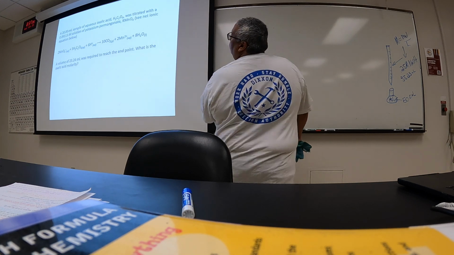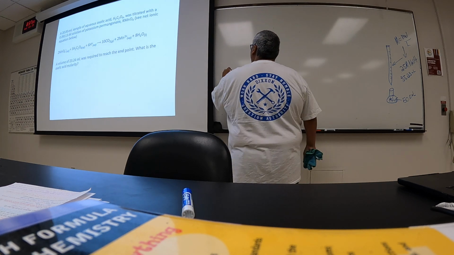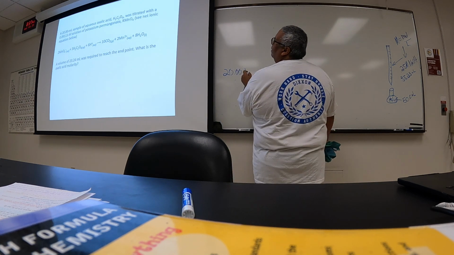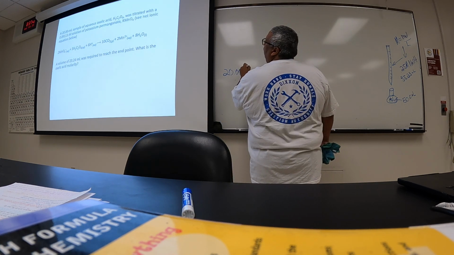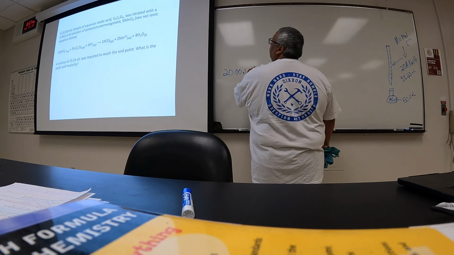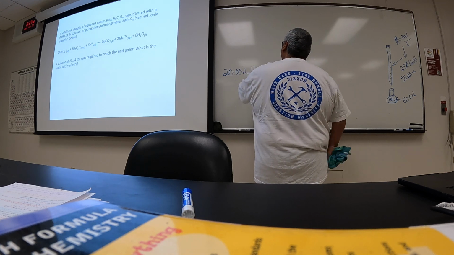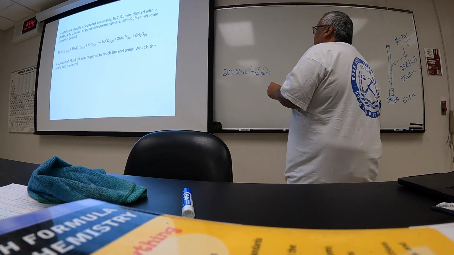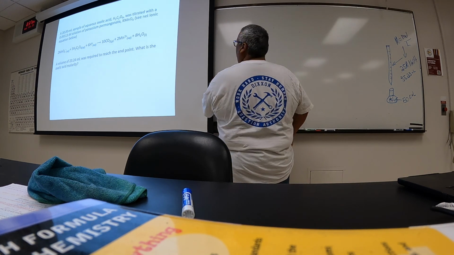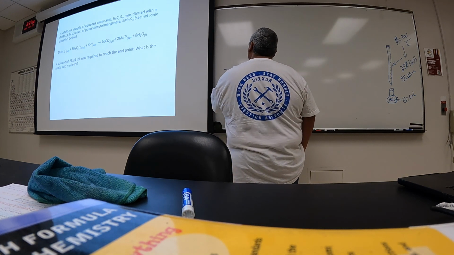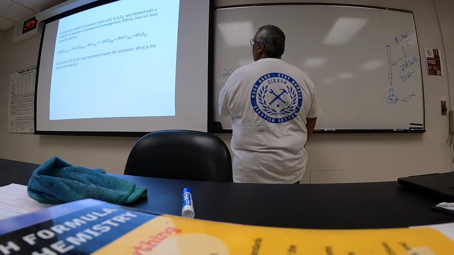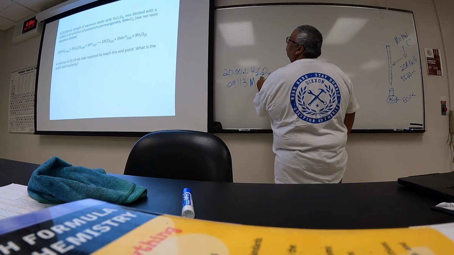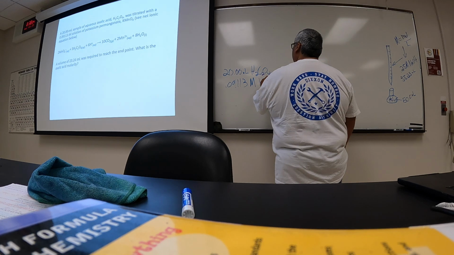We have 20 milliliters of our acid, oxalic acid. So here's our oxalic acid. We're going to titrate that with 0.09113 molar potassium permanganate.